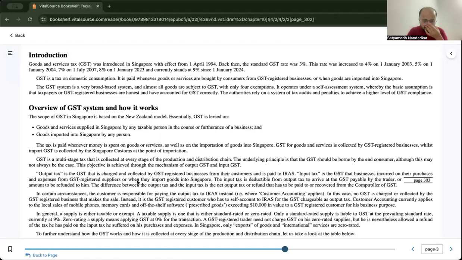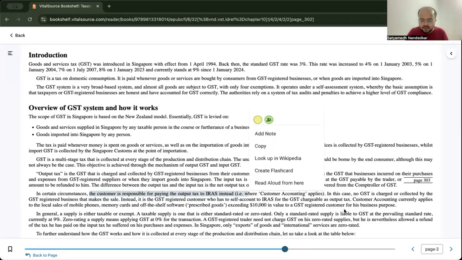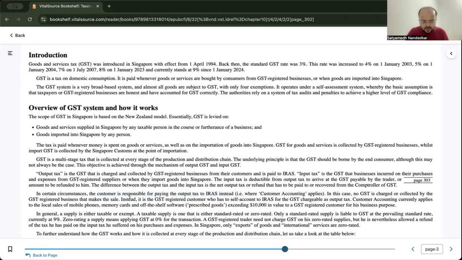The second situation was that the customer is responsible for paying the output tax to IRAS instead of the seller. The GST registered customer has to account to IRAS for GST chargeable as output tax. Customer accounting applies to local sale of mobile phone, memory card, and off-the-shelf software exceeding 10,000 in value to a GST registered customer for his business purpose.